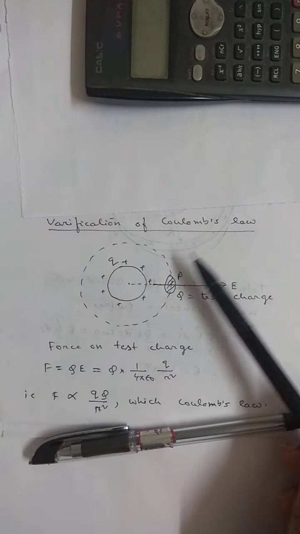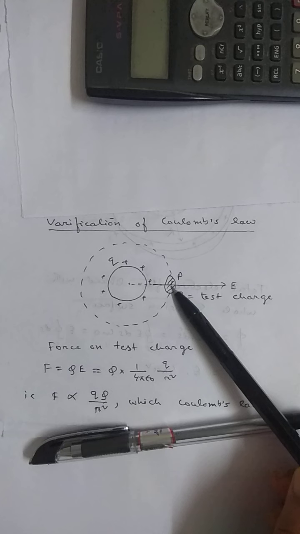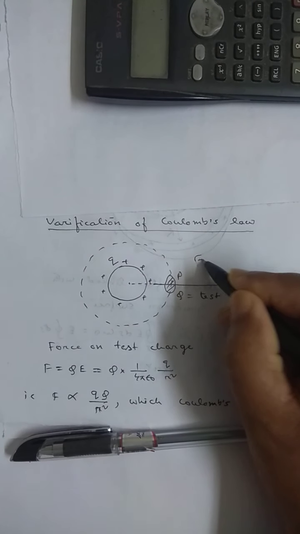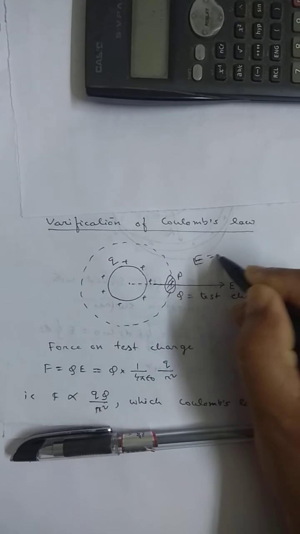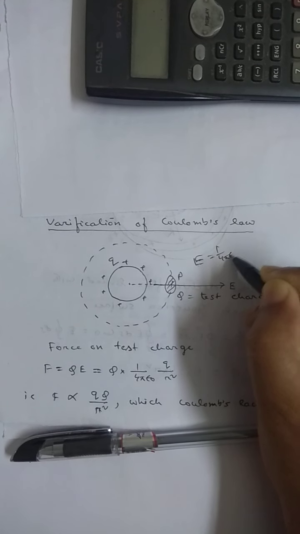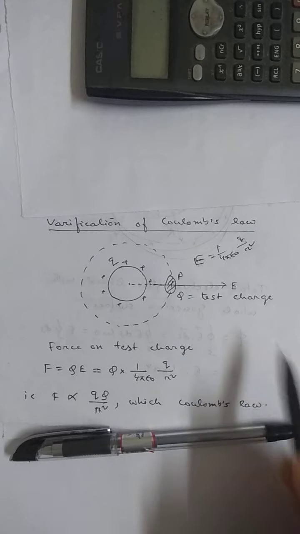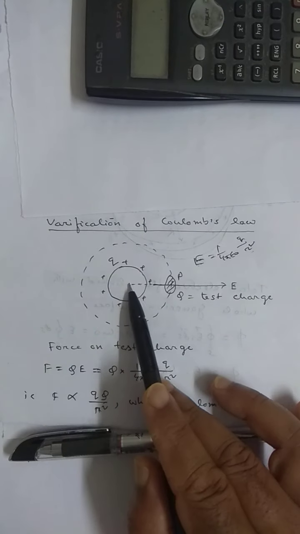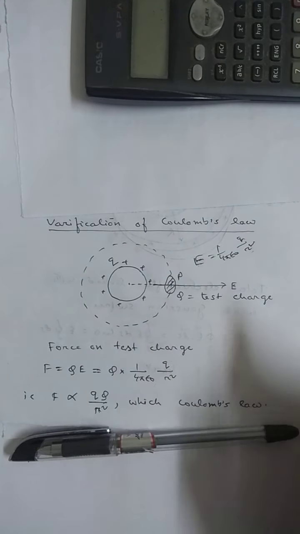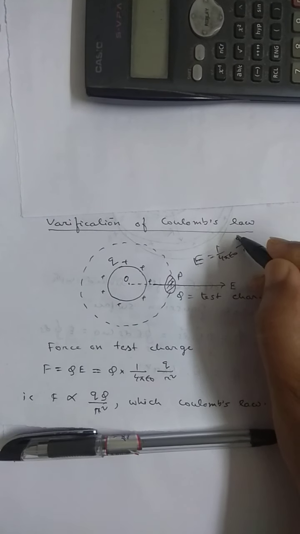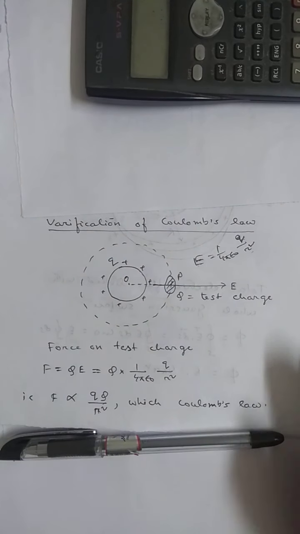In the previous class, I found out the electric field intensity at the point P. I think E is equal to 1 by 4 pi epsilon 0 q by r square. What is r? R is the distance of the point P from the center of the hollow charged body.